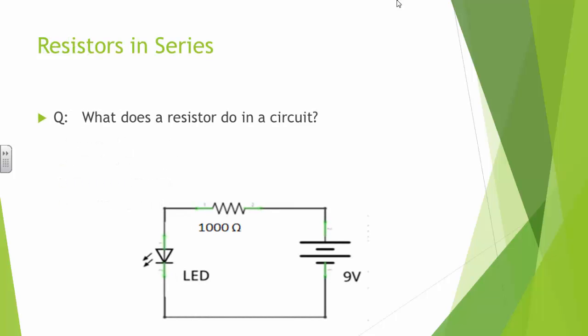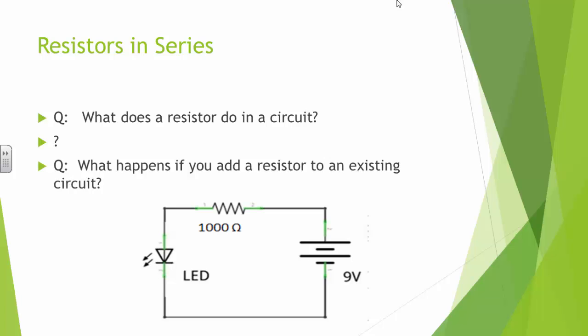So, resistors in series. Before we begin, I'd invite you to think about what a resistor does in a circuit. There are two very good answers to this question, and one of them is going to be particularly useful today. So think about this. What's the answer to what a resistor does in a circuit?